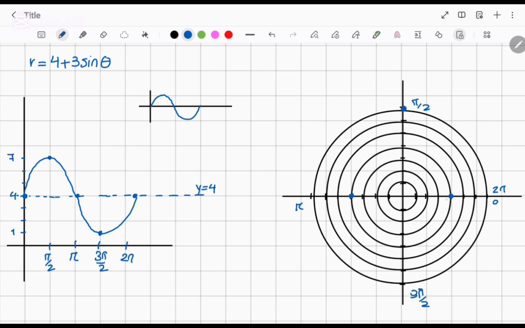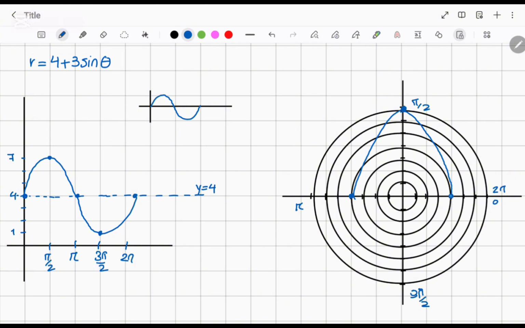So as we go from 0 to pi over 2, the graph is increasing. So it's going to be looking like this. And as we go from pi over 2 to pi, the graph is decreasing. This one was increasing, this one was decreasing.